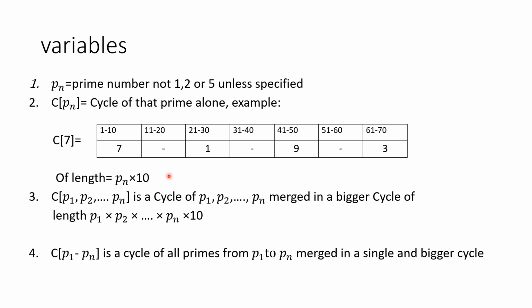We see the cycle of 7 here, and the cycle of any prime number individually is Pn times 10, and the cycle of a composed prime number is the multiplication of all the prime numbers times 10. That's the length of any cycle composed of several prime numbers. Okay.